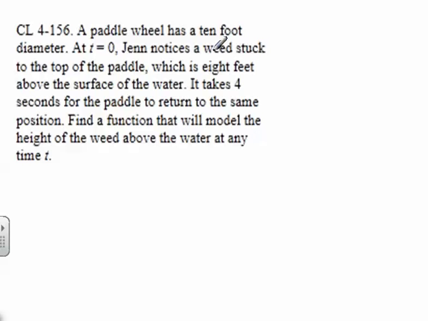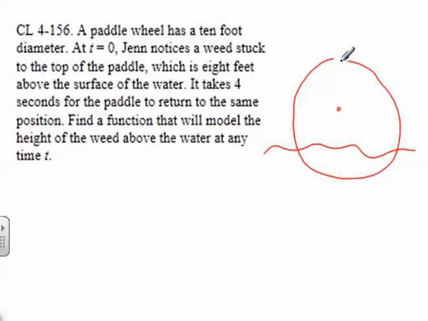So this is a situation where we've got a wheel that's on a boat, and there's water level, and the center of the wheel is actually above the water, so part of the wheel goes under the water and part above.